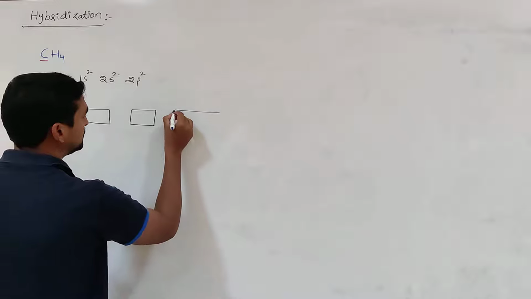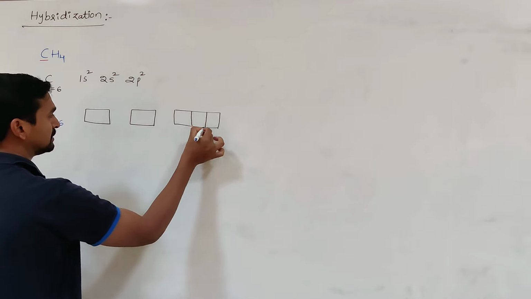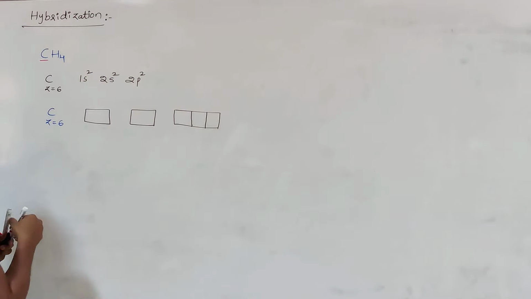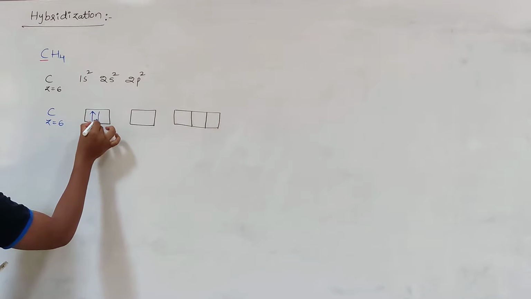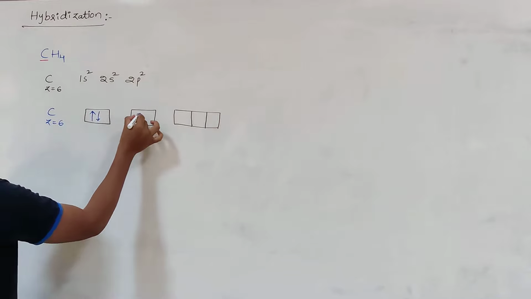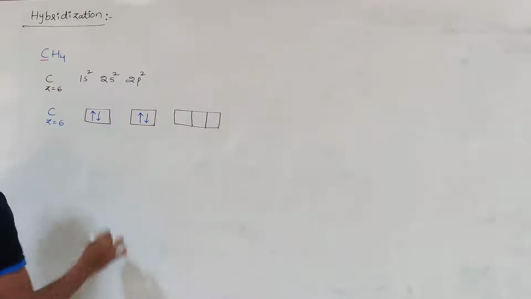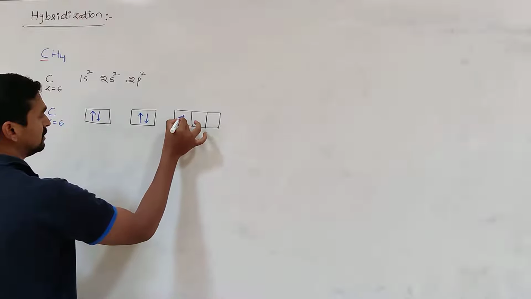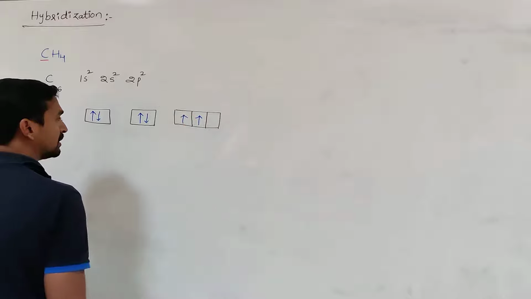2p subshell means it has 3 orbitals. In the 1s orbital, the 2 electrons are present with opposite spin. In the 2s orbital also, 2 electrons with opposite spin. So according to Hund's rule, first each orbital can accommodate 1 electron.